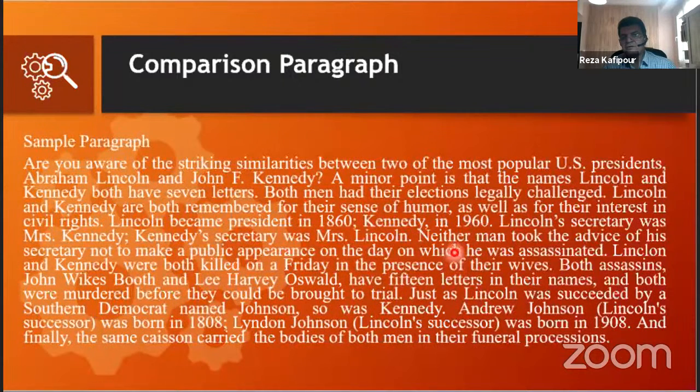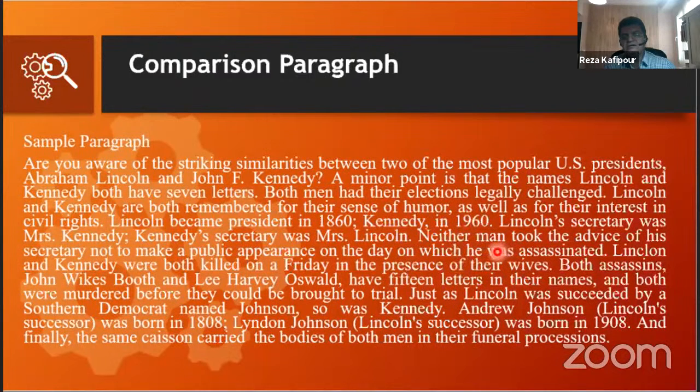The next major supporting sentence, neither man took the advice of his secretary not to make a public appearance on the day on which he was assassinated. So to compare two persons that both of them believe in a specific idea, we use neither here.